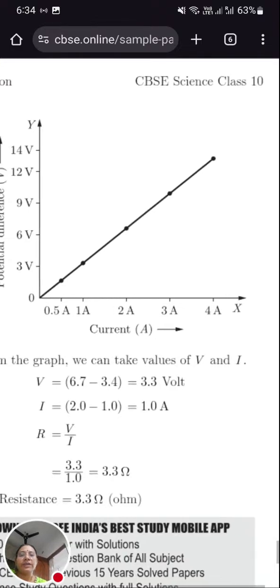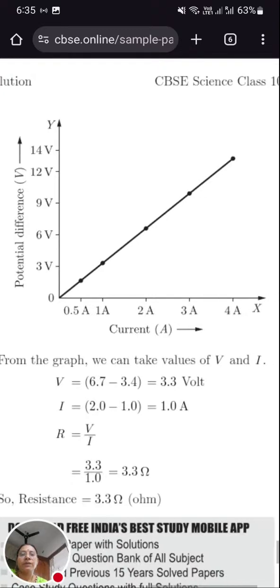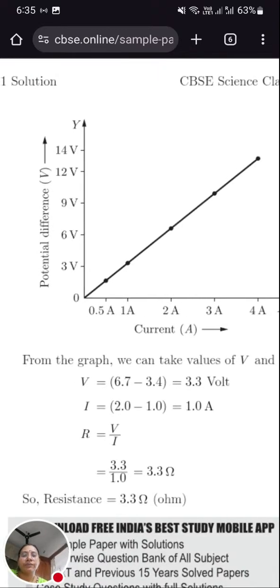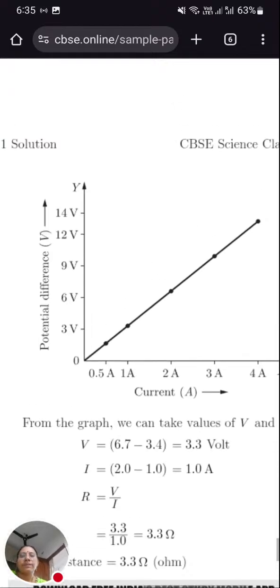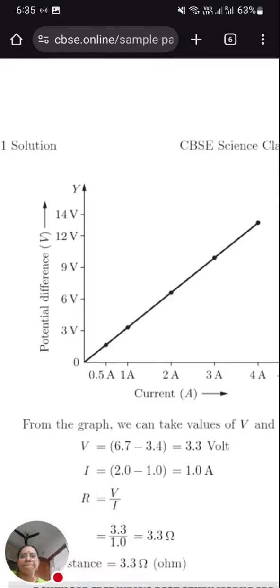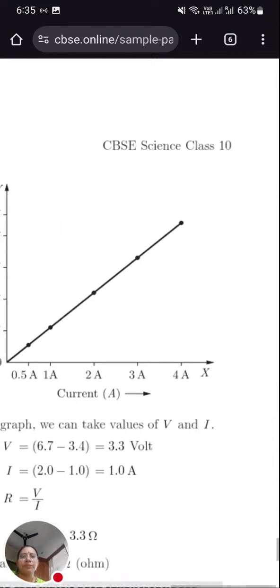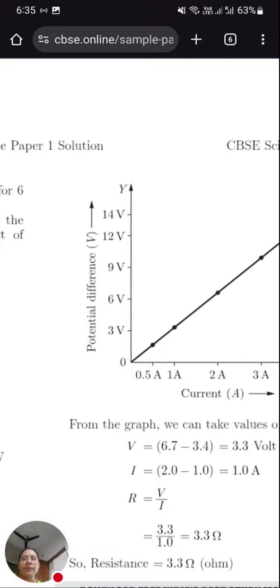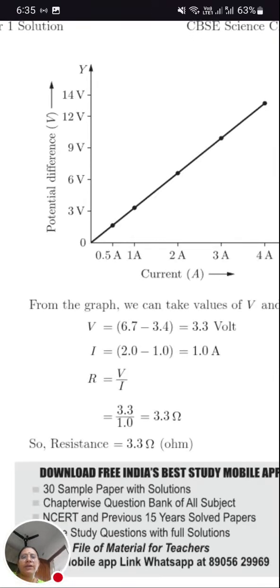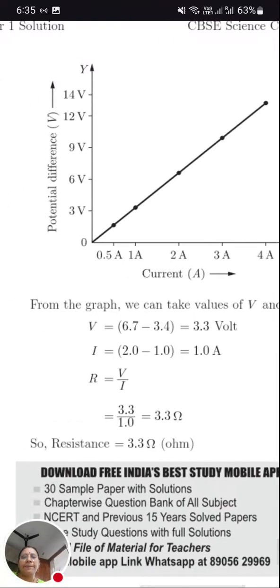From the graph, we can take the value of V and I. Maybe in the question they have given a graph. From the graph, we can take the value of V and I. You need to read it very properly to answer this.